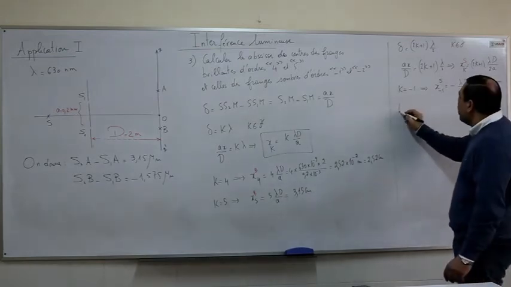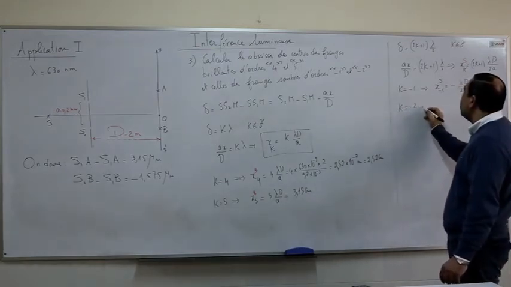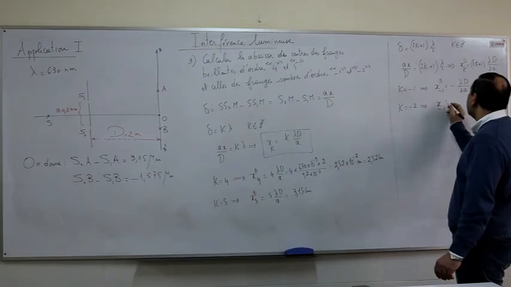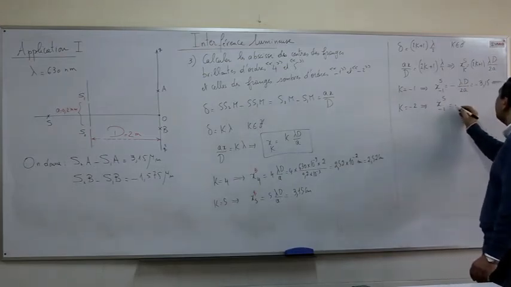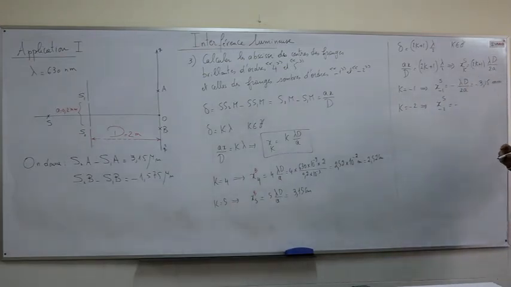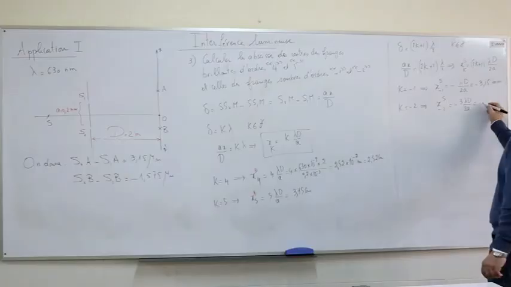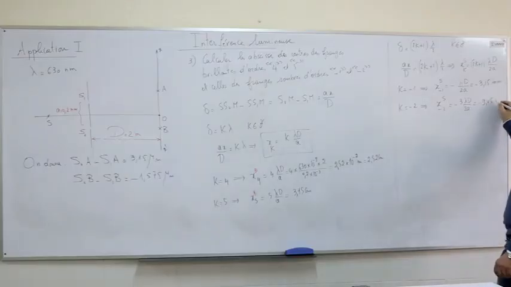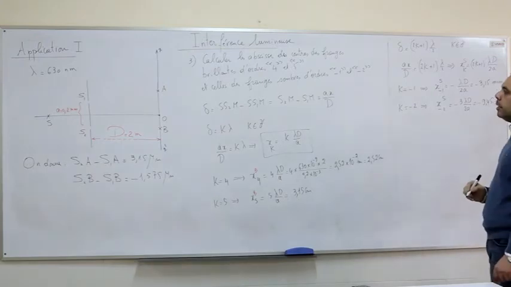For the center of the dark fringe of order -2, we replace K by -2 and we obtain minus 3 lambda D over 2A, which is equal to minus 9.45 millimeters.